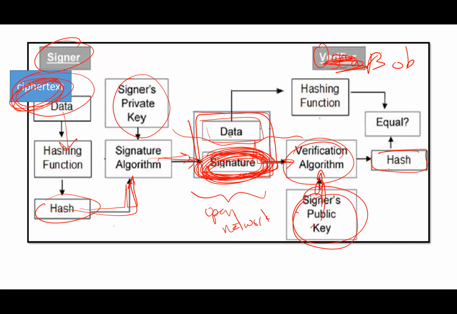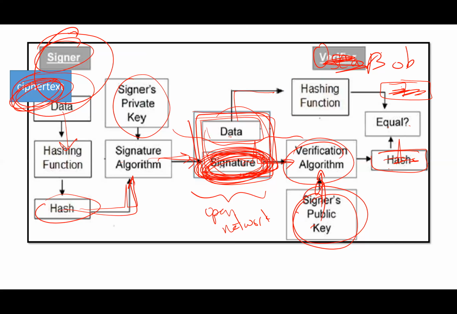Then take my data, feed it to the hash function also, and come up with the hash and say, is this hash equal to this hash, right? If they're both equal, that means that the file that was received was signed by the signer, created by the signer.